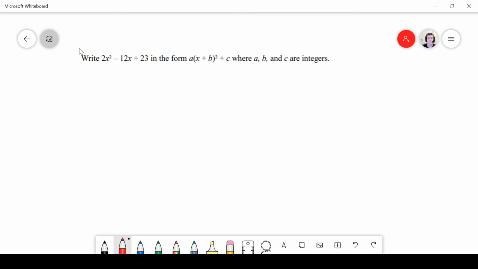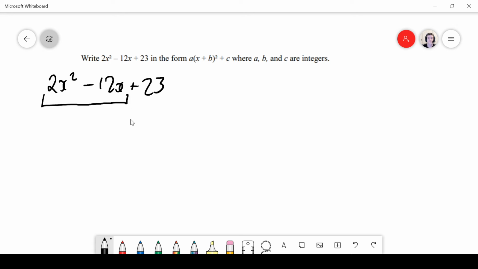Yeah, so let's do this question. It's a little bit more difficult. So we've got 2x squared minus 12x plus 23. The first step you want to take is to take 2 out as a factor of this first part here.